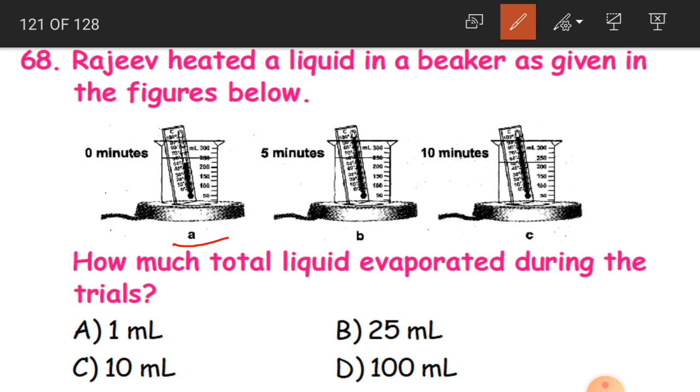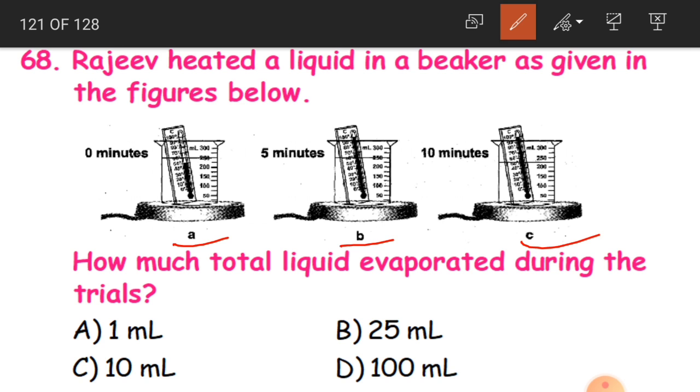A is at 0 minutes, B is at 5 minutes and C is at 10 minutes. So this liquid in this container is being heated. How much total liquid evaporated during the trial?